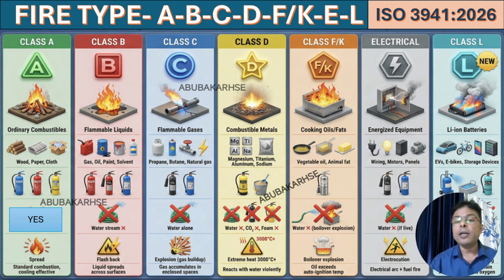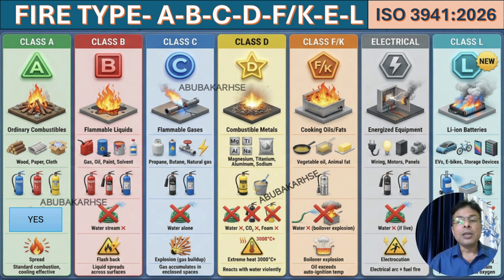Sometimes the battery overheats or short circuits, and it may catch fire. You can identify that as a class L fire. Its impact is high temperature and also blast. Sometimes it will blast and melt, and reduce the oxygen. So this L type fire is included in our fire types.